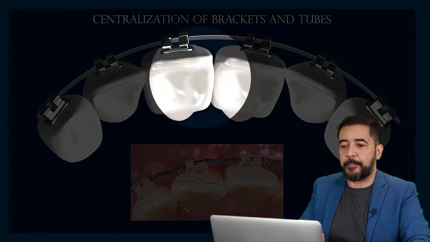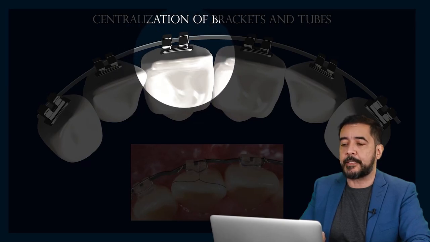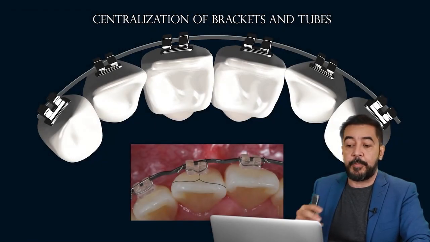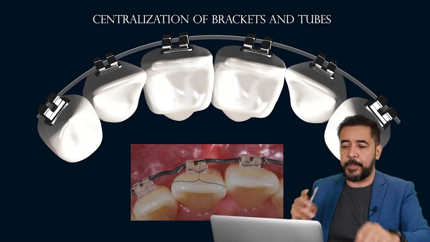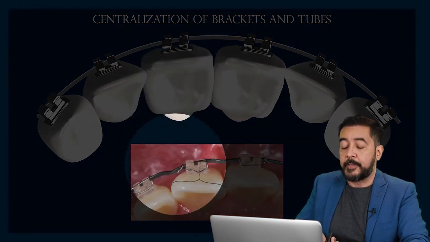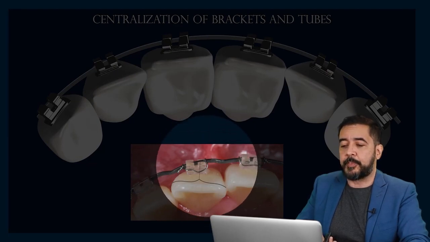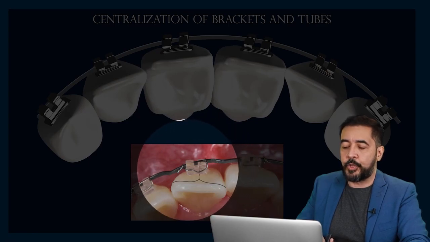When you see these brackets, they are not centralized like this. We'll have something happening that we'll have to correct at some point of our treatment. For example, in this case here, we have the decentralization. The bracket is not centralized in the tooth crown.